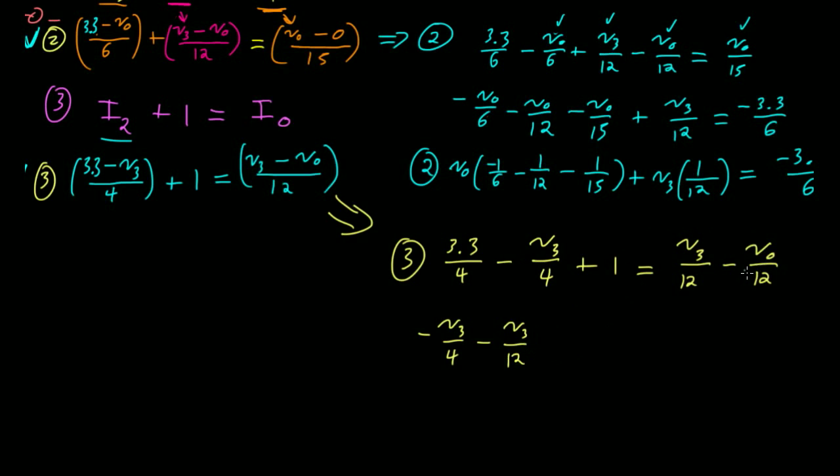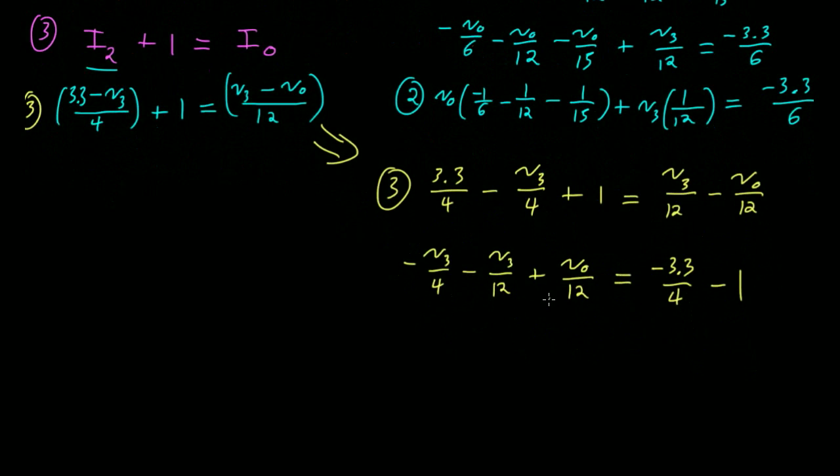And then I'm going to add v0 over 12 to both sides, so plus v0 divided by 12. And then I'm going to subtract 3.3 over 4 from both sides and subtract 1 from both sides. So minus 3.3 over 4 minus 1.